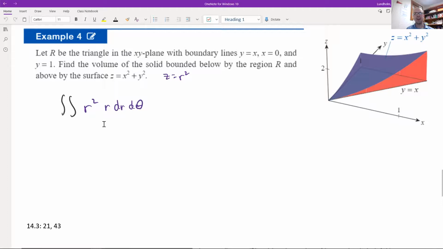And now we need to think about setting up these boundaries. Right now, it's not immediately obvious as to what the boundaries on the radius will be. It is kind of obvious since we're starting off from the line y equals x and going up to the y-axis.